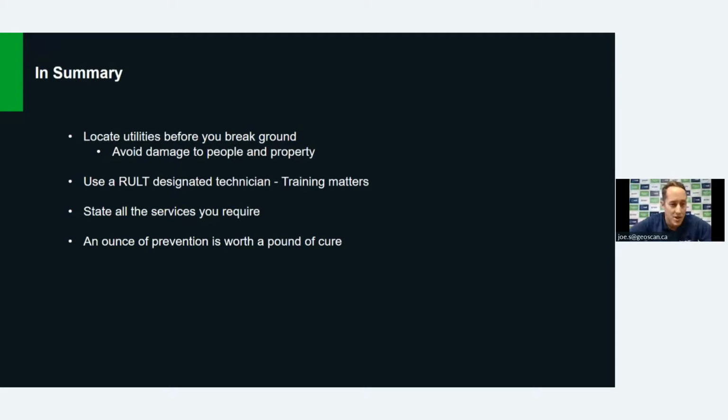I also want to say, understanding the scope of work is essential. Like I just said, concrete scanning is a different skill to utility locating, for example. So communicating all that you have to do on your project will allow the right person to turn up with the right equipment and get the job done for you efficiently and competently. And my favorite phrase, an ounce of prevention is worth a pound of cure.